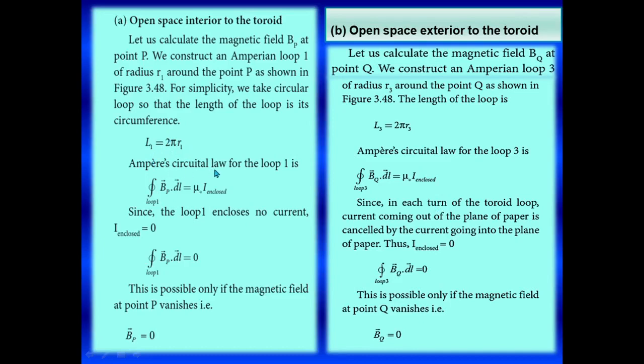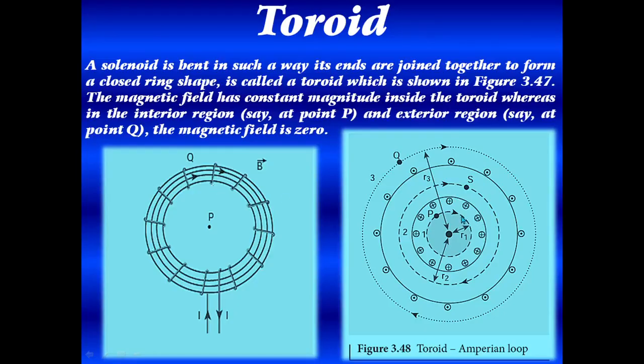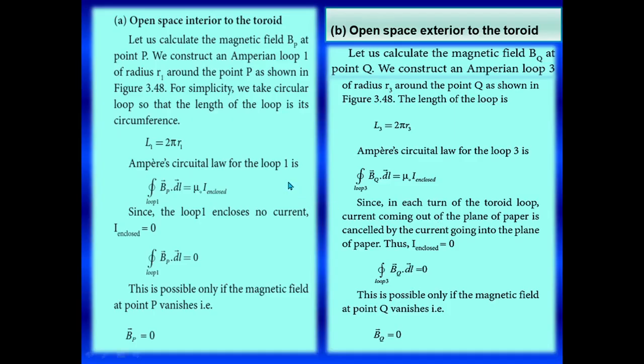Ampere's circuital law for the loop 1 is, already we know the formula, the line integral over loop 1 of BP vector dot dl vector is equal to mu naught into I enclosed.